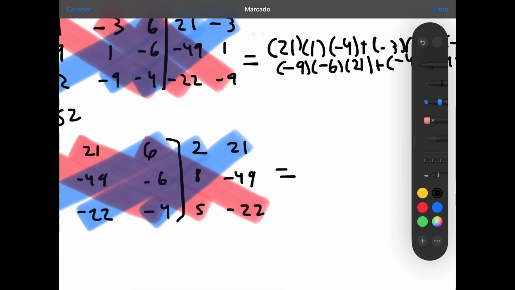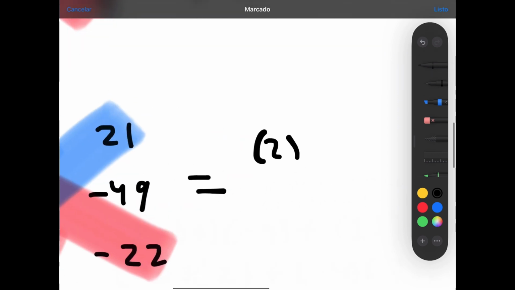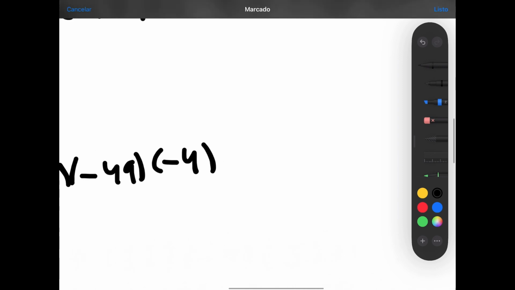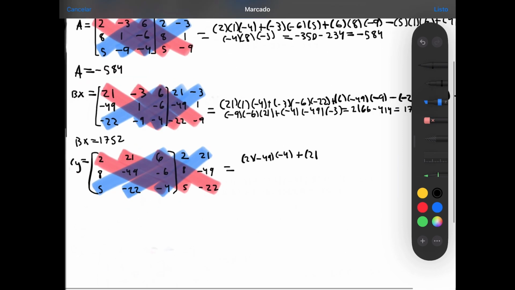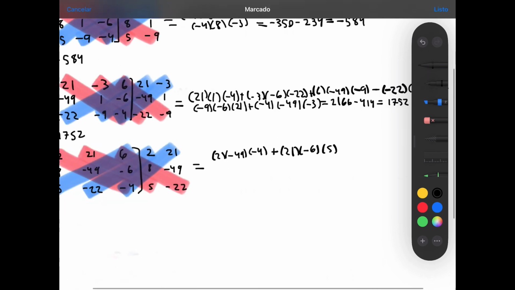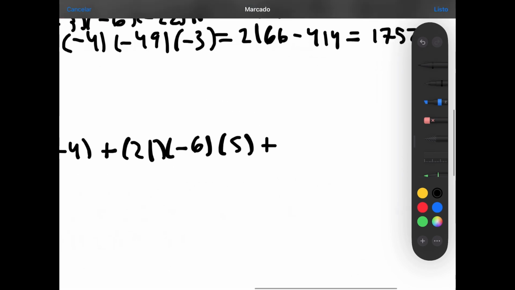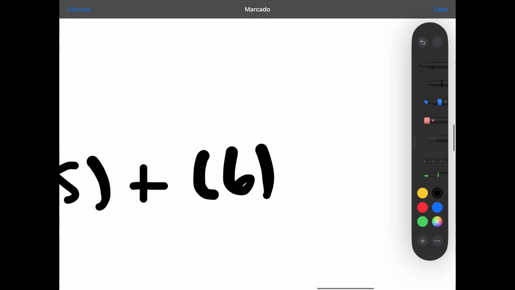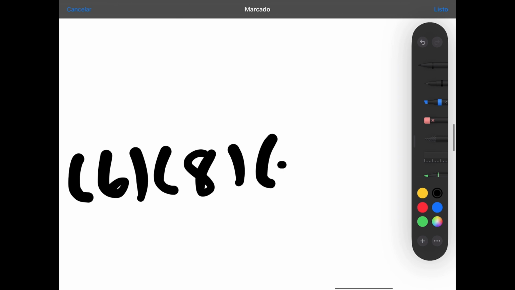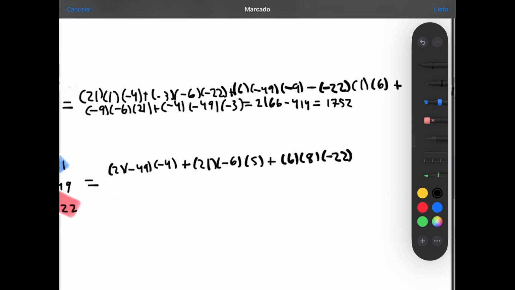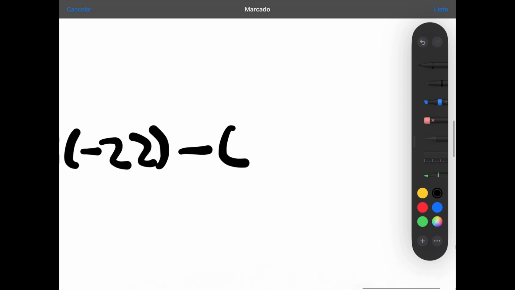So it will be 2 minus 49 times this plus 21 minus 6, 5 plus 6 times 8 times minus 22. Yes, that's correct. And then we're going to subtract the blue ones.